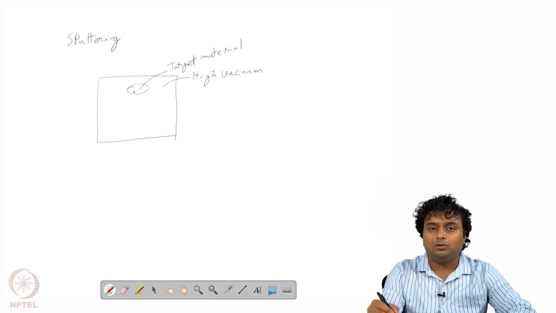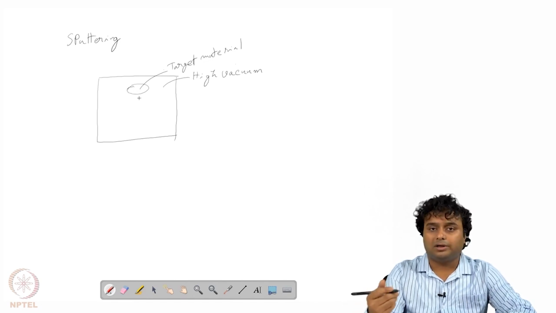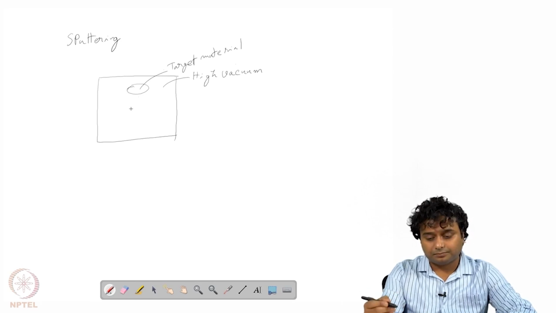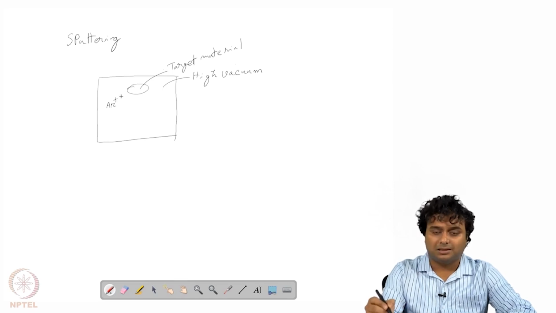So let us say if we want to coat gold on silicon, then we will be using a gold target, meaning this target will already have gold on it. Then we fill the chamber with argon gas, so the vacuum will get reduced to some extent, and then applying high voltage we ionize it, so it becomes argon plus ions.